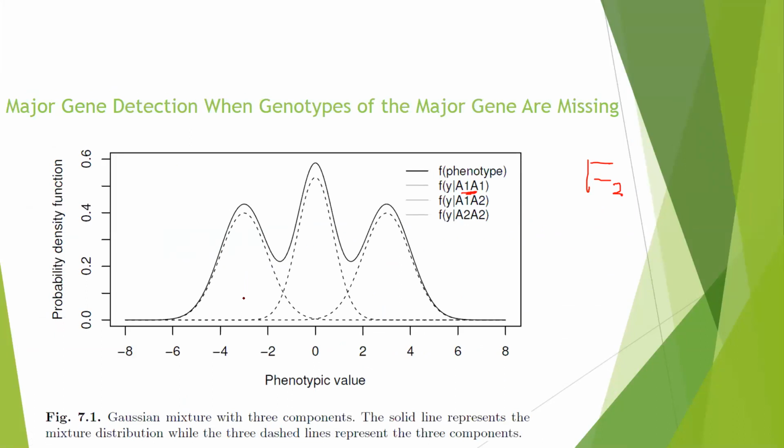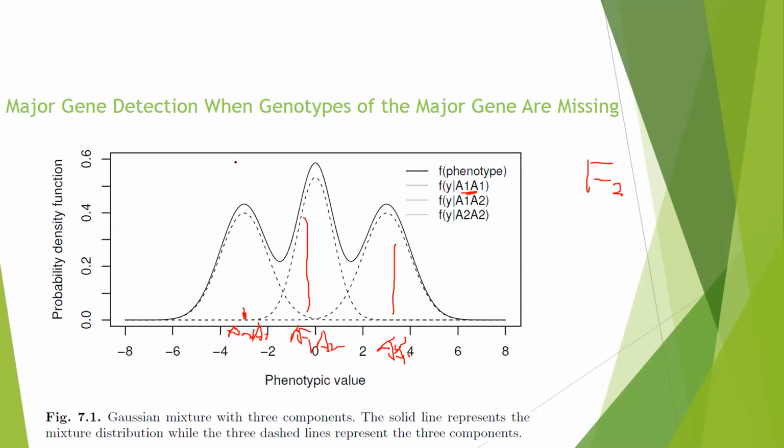So you're going to see three underlying distributions, right? For example, this is for the A2A2, and this is A1A1, and this is for A1A2.